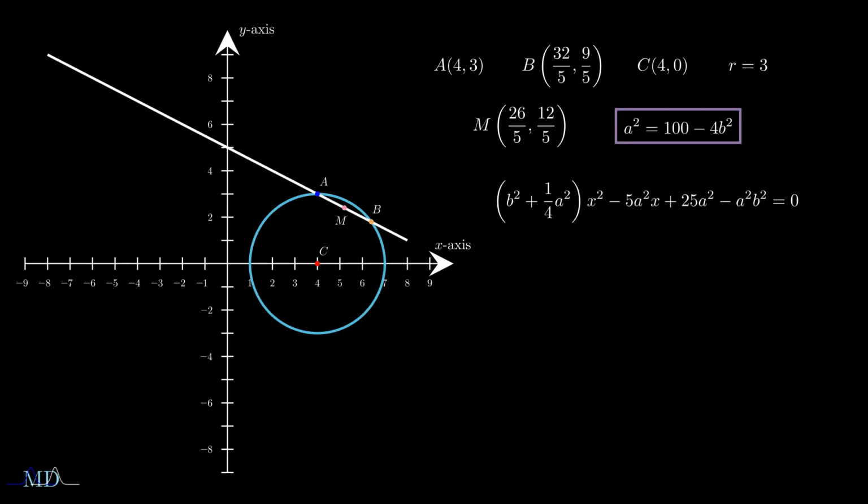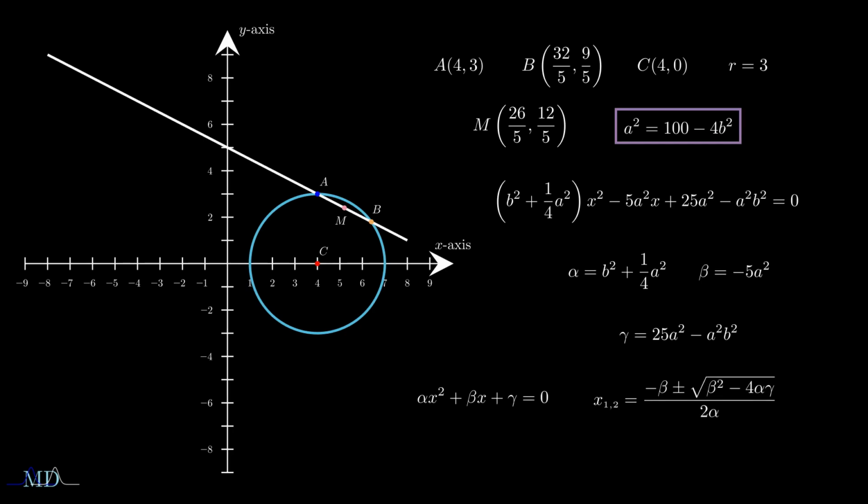Now we have to find the solution of the second-degree equation in x. Being the discriminant null, the equation has only one solution. If we call alpha the coefficient of the x² term, beta the coefficient of the x term, and gamma the constant term, the equation becomes αx² + βx + γ = 0.